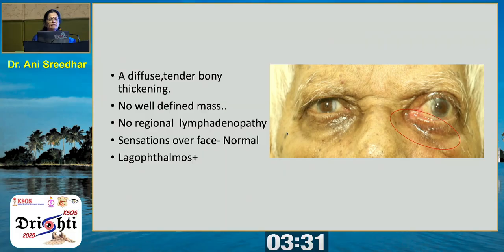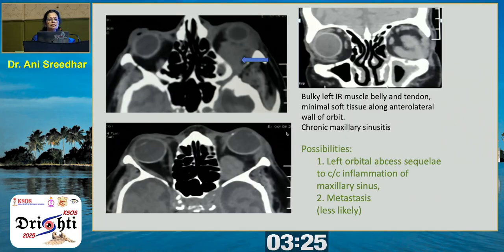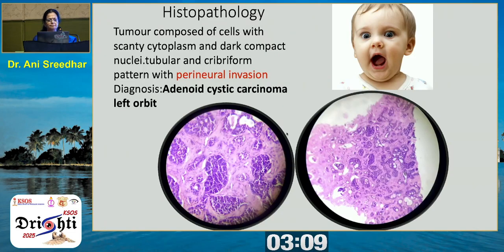There was an ill-defined mass in the inferior orbit which was extending into the orbit. The posterior margin could not be felt. CT scan showed a non-homogeneous mass, and there was chronic sinusitis in the maxillary sinuses. So our first diagnosis was maybe an orbital abscess due to maxillary sinusitis. It could be fungal. Metastasis was less likely, but was a diagnosis.